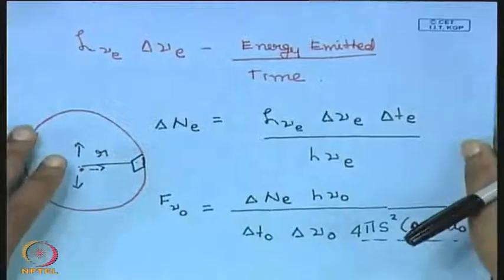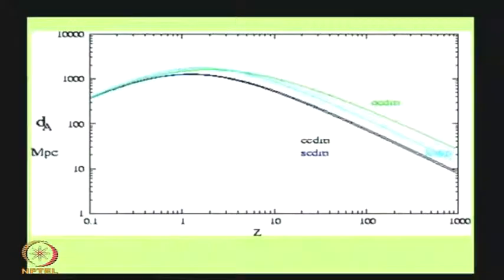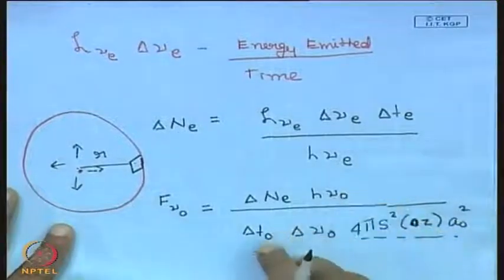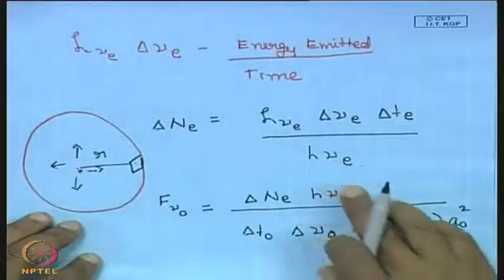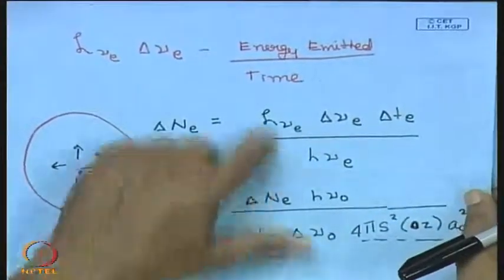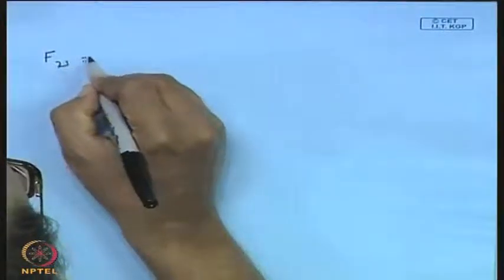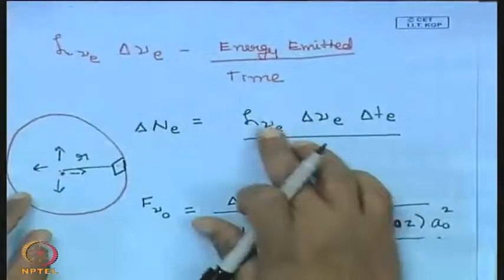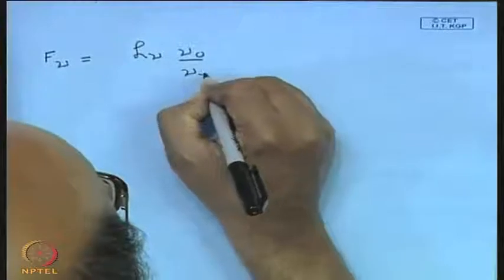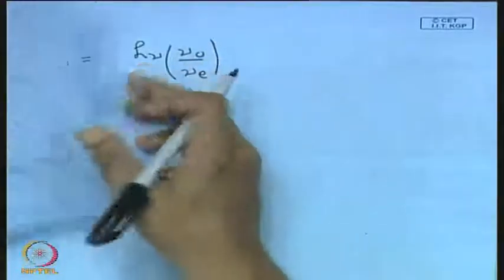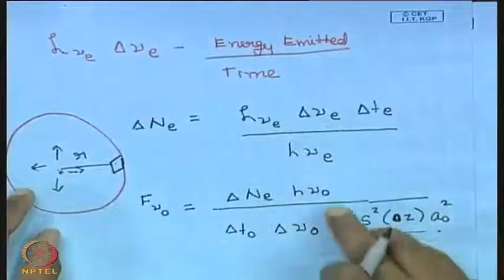So, now you see we have to determine the ratio of observed frequency to emitted frequency. Okay, let me put this here. So, what we will have is that the flux is equal to the luminosity, and then I will have here nu observed by nu emitted, coming from this and this.